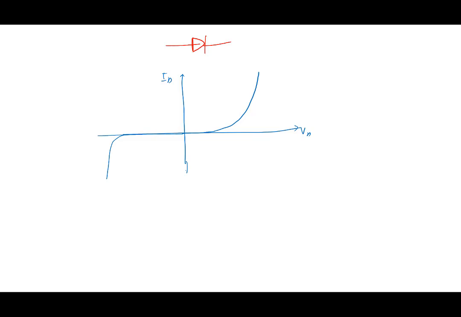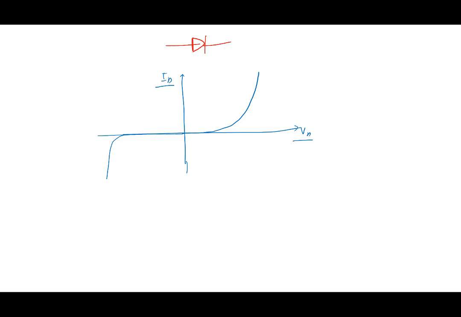If somebody were to show you a graph, forget about a diode, somebody were to show you a graph like this, a graph of current versus voltage, what will you conclude looking at this graph? You don't even know at this stage if it's exponential or what, you don't know any of that, right?